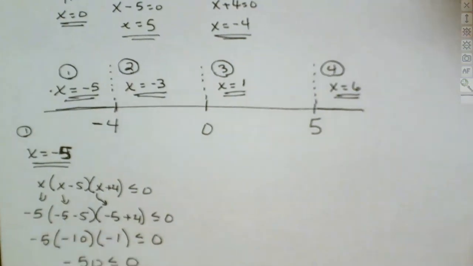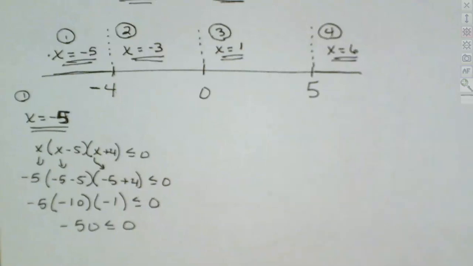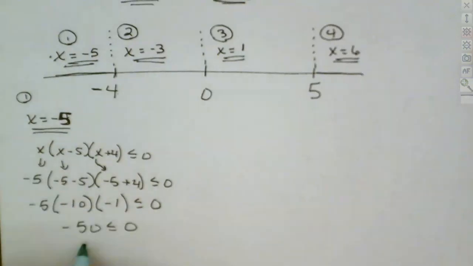Now, is that true or is that false? Is -50 smaller than 0? It is, isn't it? 0 is bigger. So that would be true.